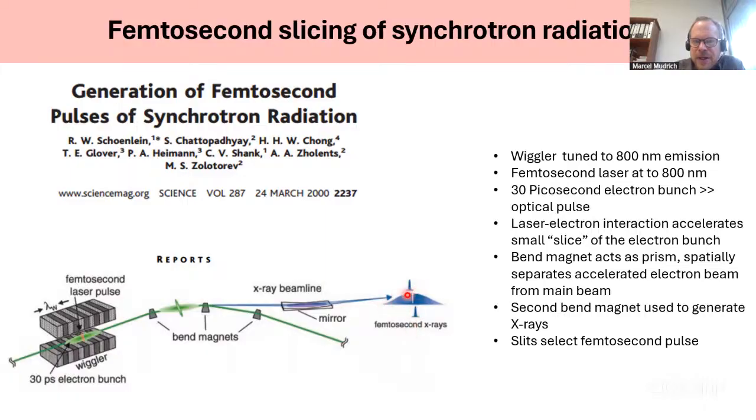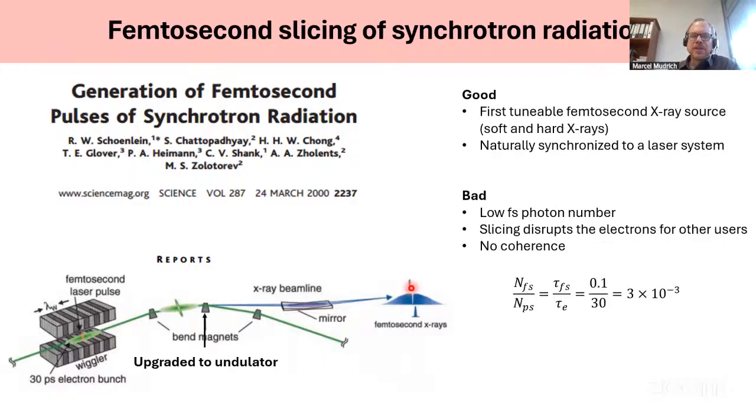We have the main picosecond pulse, which then has a hole where the femtosecond laser has carved out this slice by energy modulation, slightly displaced from the main beam, and we get this femtosecond pulse. So this is actually a way to produce femtosecond X-ray pulses.